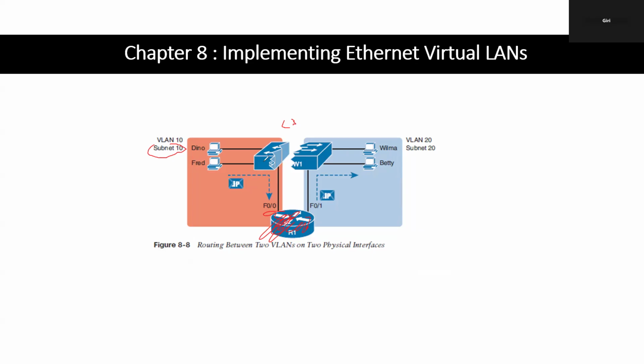I don't have a trunk here. Inter-VLAN routing and VLAN trunking are two different things. You understand what I'm saying? Yes. It's the layer 2 switching logic to the layer 3 routing logic.